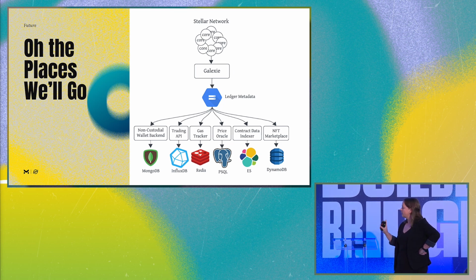Another big win in this architecture, which is also very subtle, there's a lot of subtlety here, is moving captive core out of the lifecycle of your application. Captive core is run by Galexie, so none of your actual applications ever have to run captive core.